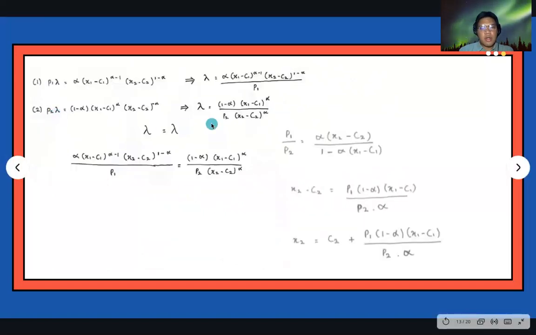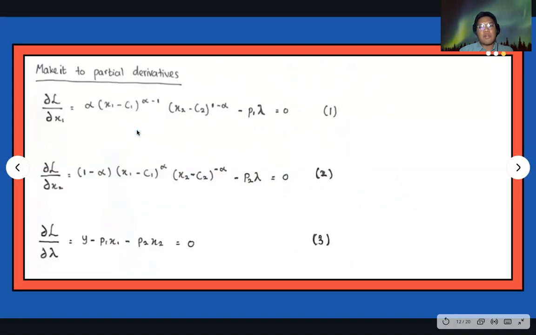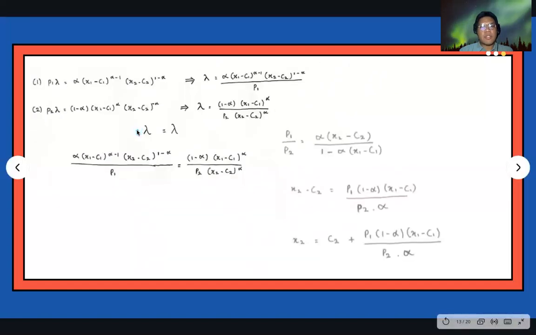We know that lambda in constrained optimization is always the same whichever variable you use as the subject. So we make lambda the subject from the first equation, and it is done similarly with the second one.